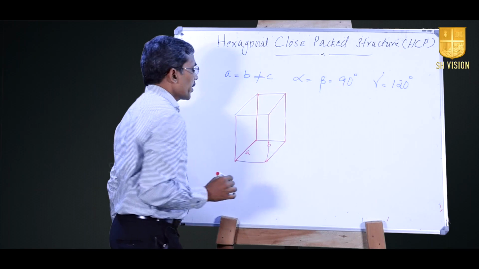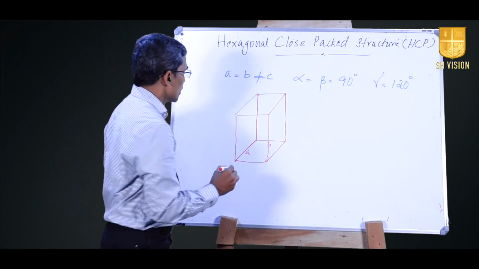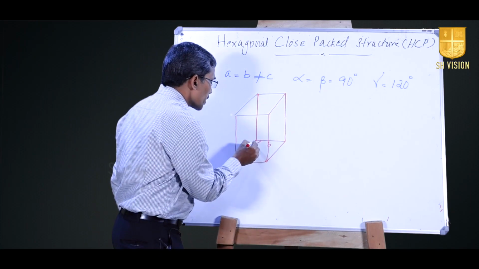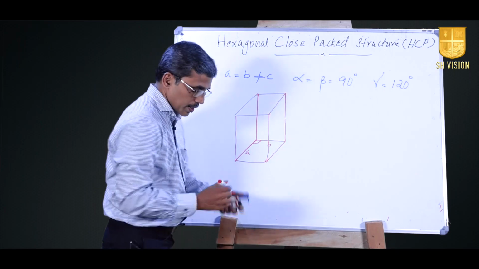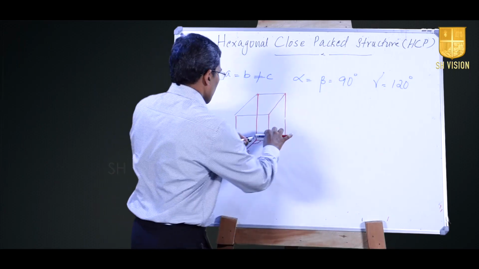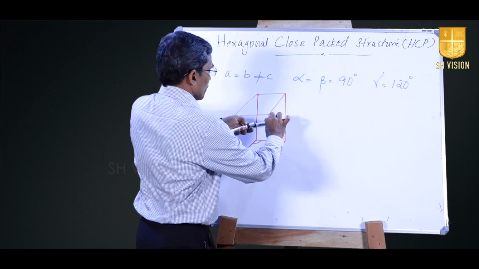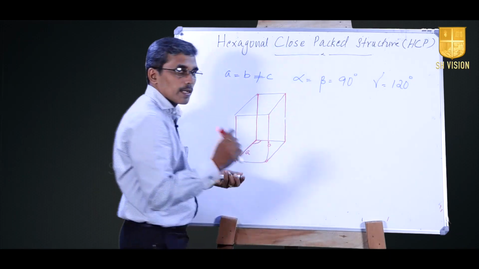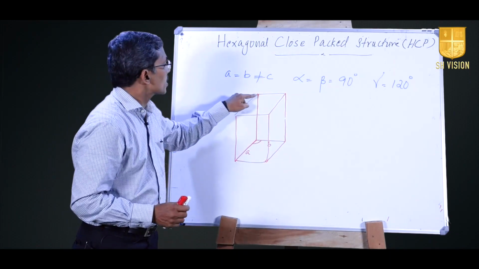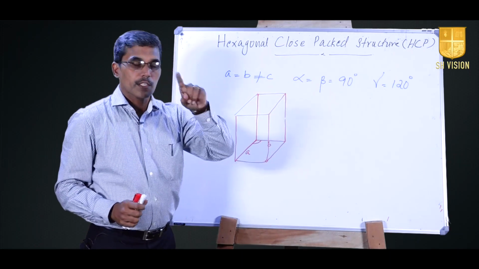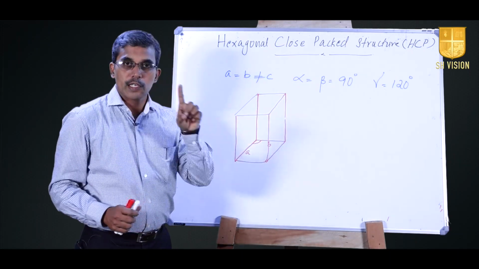So, this is our hexagonal Bravais lattice, and this angle is 120 degree. So, here if you take it like this, the angle will be 120 degree. And in a normal hexagonal Bravais lattice, at each corner point there will be one atom, therefore the number of atoms per unit cell will be only 1.